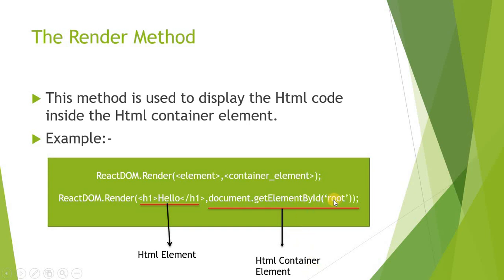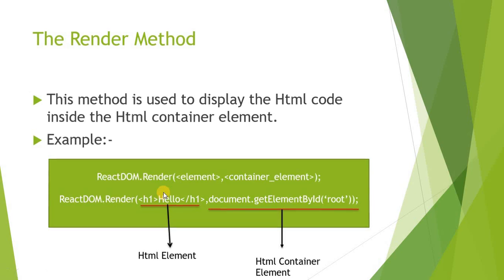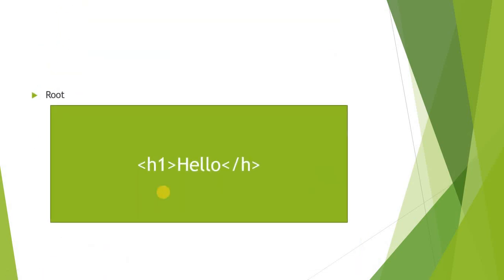The container element ID is root, which is defined somewhere in your HTML file. So in the root container, it will render the hello. Here you can see the container which is named root. This root contains a hello as a heading.